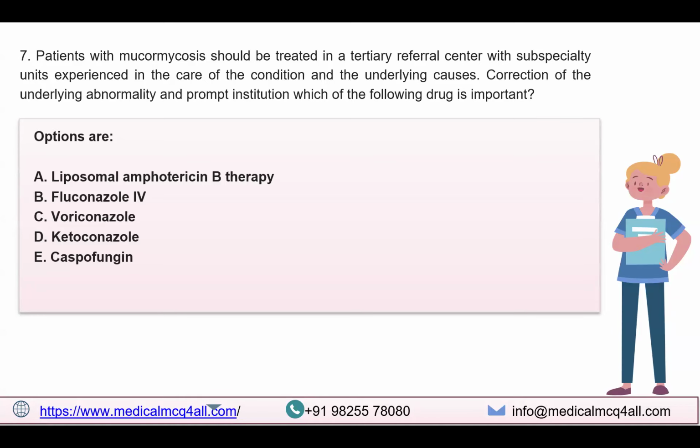Liposomal amphotericin B therapy, fluconazole IV, voriconazole, ketoconazole, caspofungin. The answer is A, very good. Because the single drug of choice for mucormycosis is liposomal amphotericin B. All these are also antifungals, right?